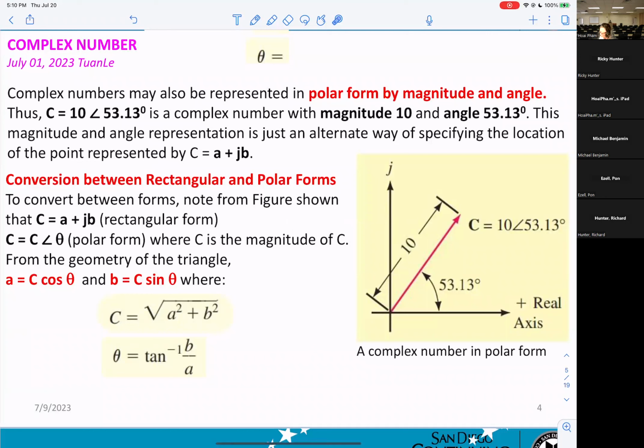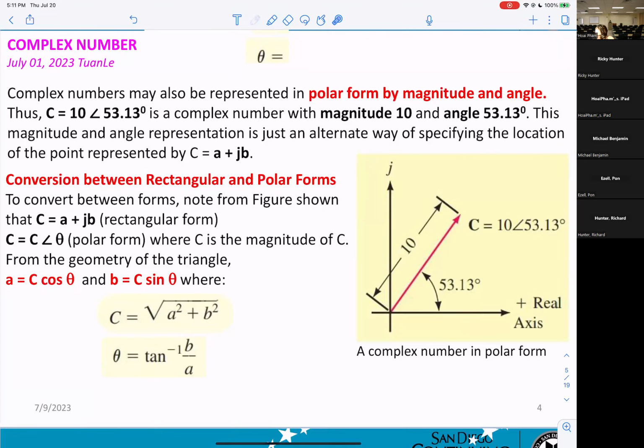From the geometry of the triangle, that will be A, and that will be B. A equals C times cosine theta, and B equals C sine theta, where C equals the square root of A squared plus B squared.